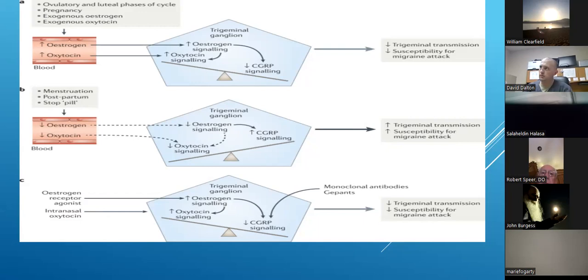So it's not just the oxytocin, but also estrogen can be analgesic to migraine as well. But you can just use oxytocin, and oxytocin can do that job as well.